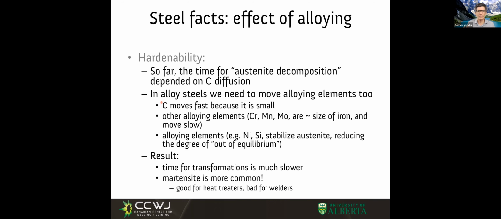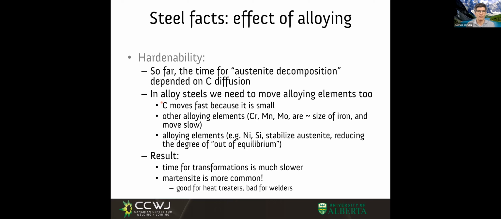Now, if instead I have a substitutional element, which could be manganese or nickel or things like those, they don't go through the lattice. They need to wait until there's a hole in the lattice to go and substitute the iron in that other hole they found. The bottom line is that these bigger atoms, these metallic atoms, these substitutional atoms, diffuse a lot slower. And what is the consequence? They make our transformation slower.